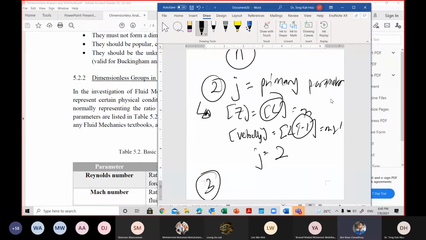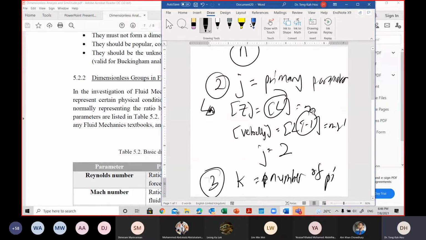Subtract J from N. Yeah, J from N. Find K, which is your number of pi terms. How to find this?